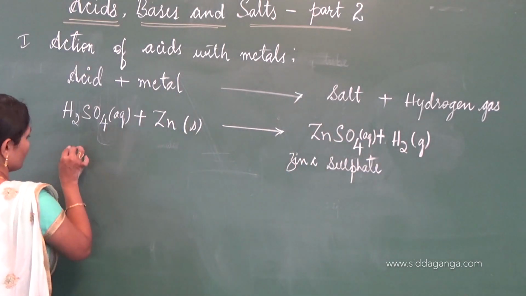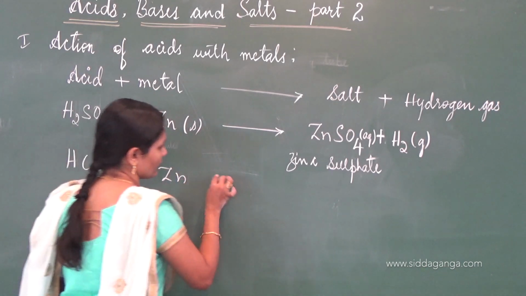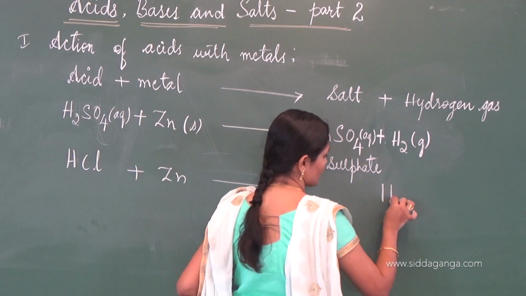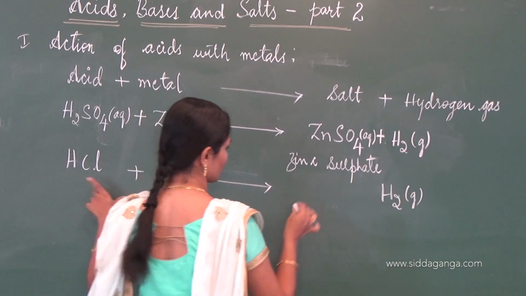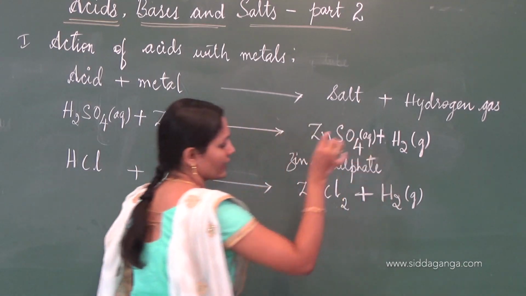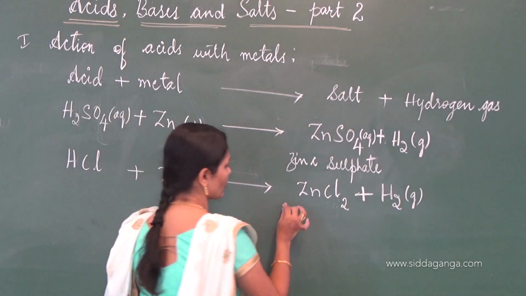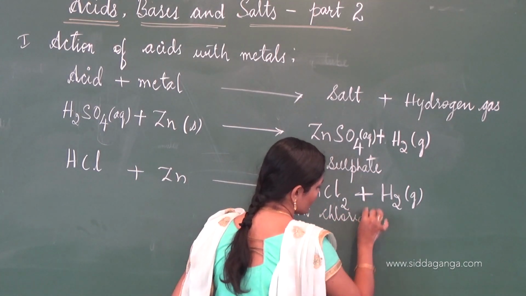Further we'll write HCl plus Zn gives rise to H2 gas, and the salt will be ZnCl2, zinc chloride. Check whether the equation is balanced.